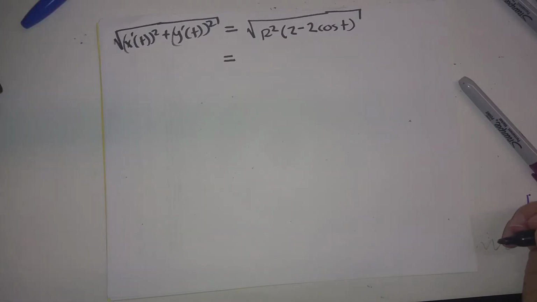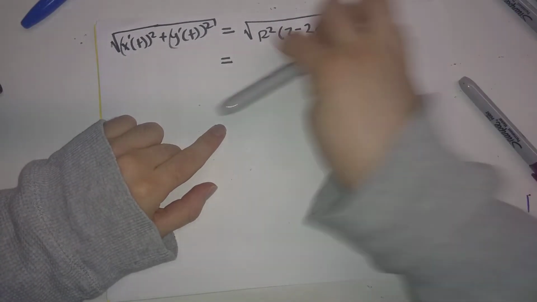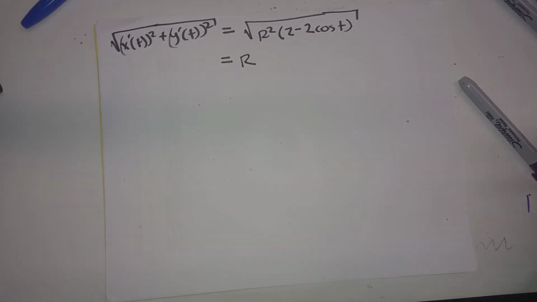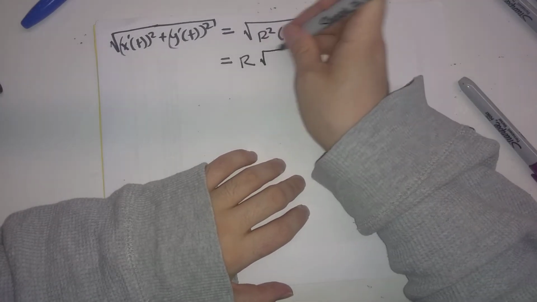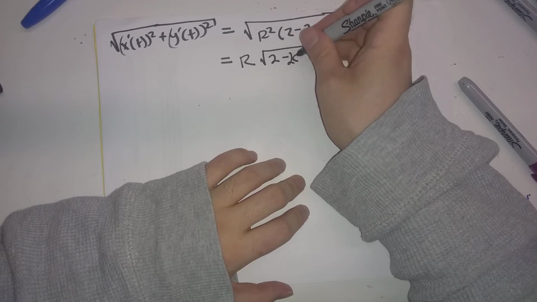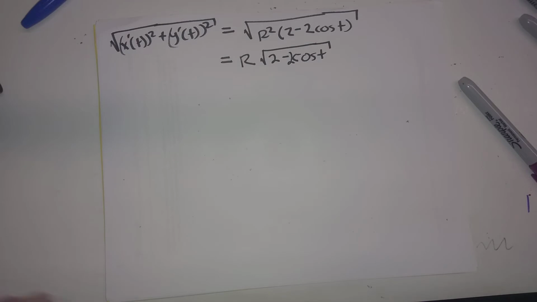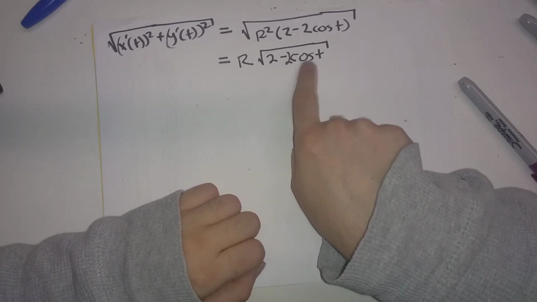Okay, so one thing here is obvious, that the square root of r squared is just r, since it's assumed in this problem r is a positive number, times the square root of 2 minus 2 cosine of t. I guess we could also move that 2 outside that square root as a square root 2. But now I want to focus on the most important thing, which is, what do we do with this?